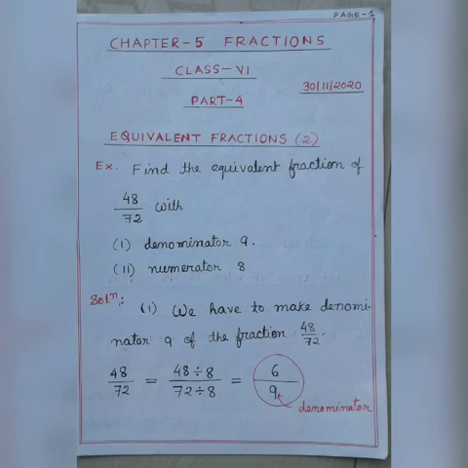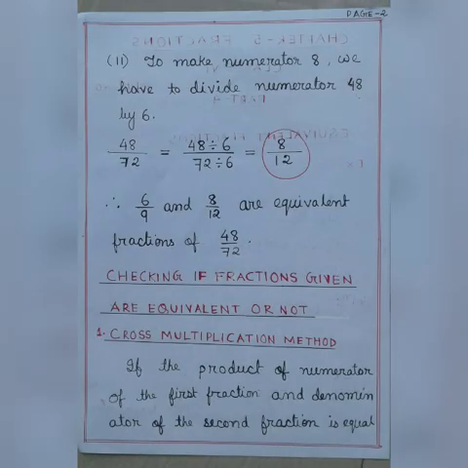In the next question, we have to make the numerator 8 of the fraction 48 by 72. So if we divide 48 by 6, then the numerator will be 8. As we have divided the numerator by 6, we have to divide the denominator also by 6.